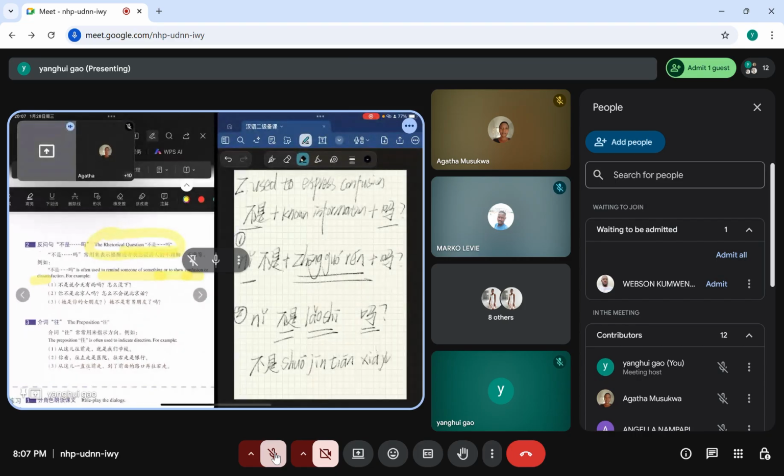下雨吗？加上一个吗？不是说今天下雨吗? So this part is the known information. 今天下雨 means it will rain today, that's what the weather forecast says.